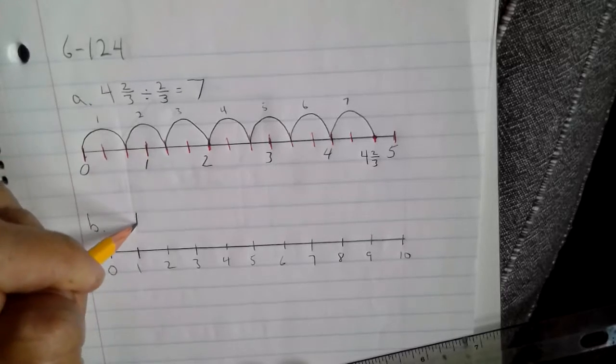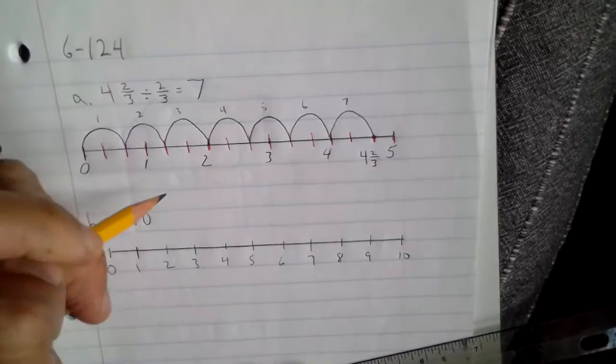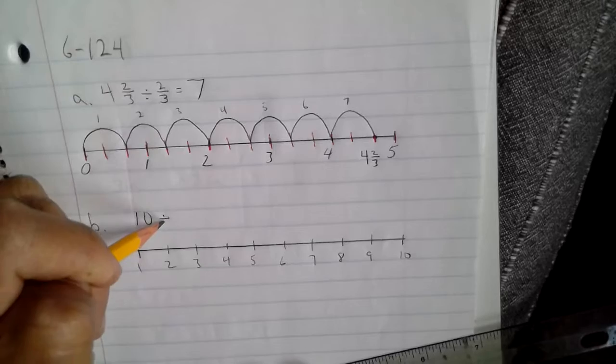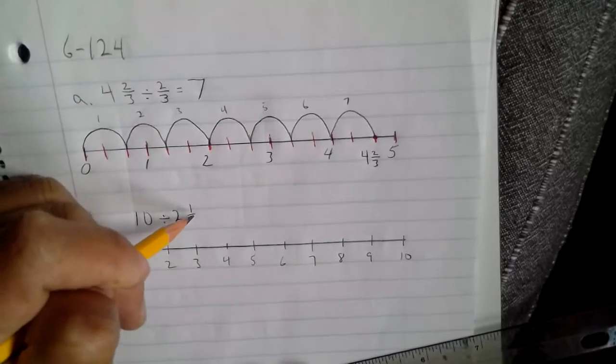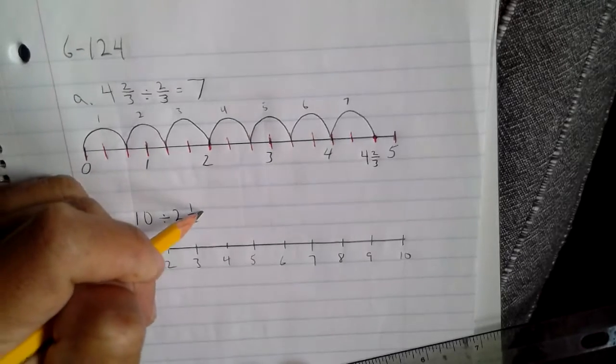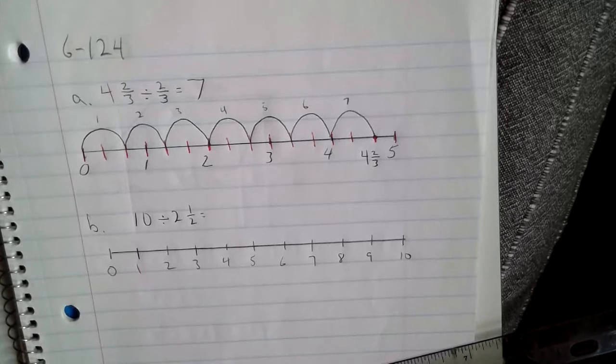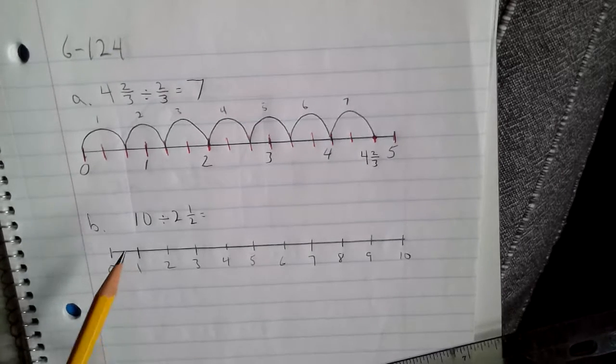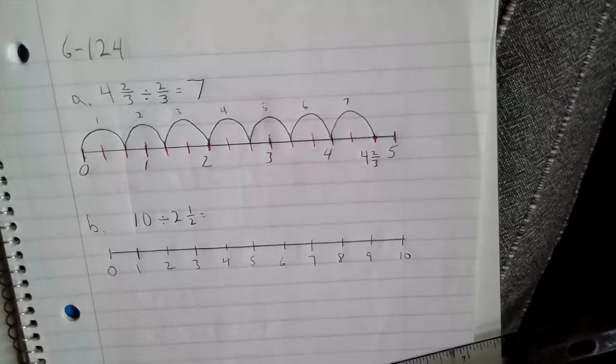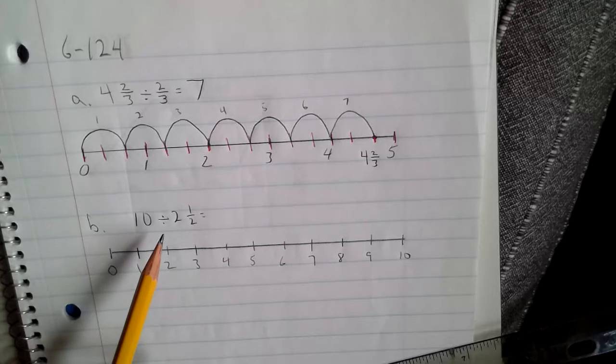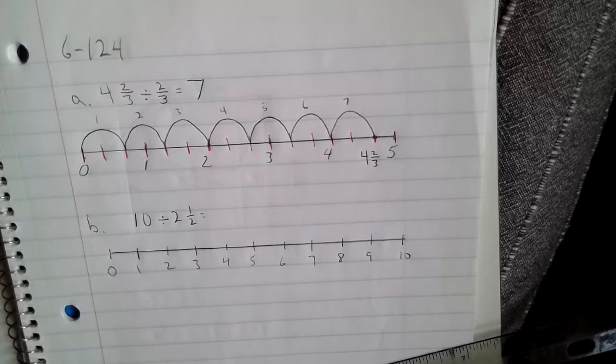Let's go ahead and write out our problem. We have 10 divided by 2 and 1/2. Okay, now we have how many complete groups of 2 and 1/2 can we take out of 10?